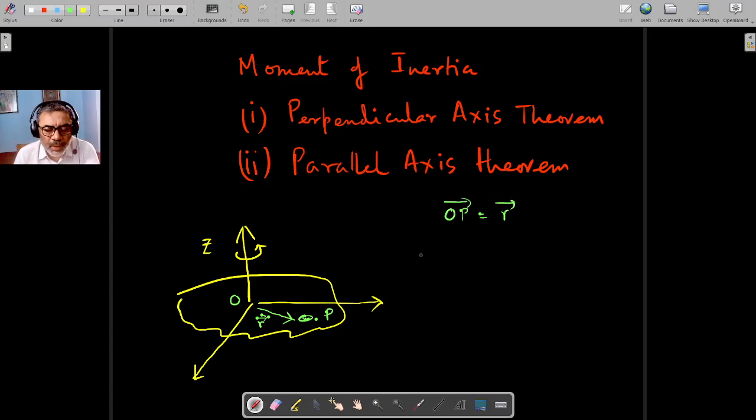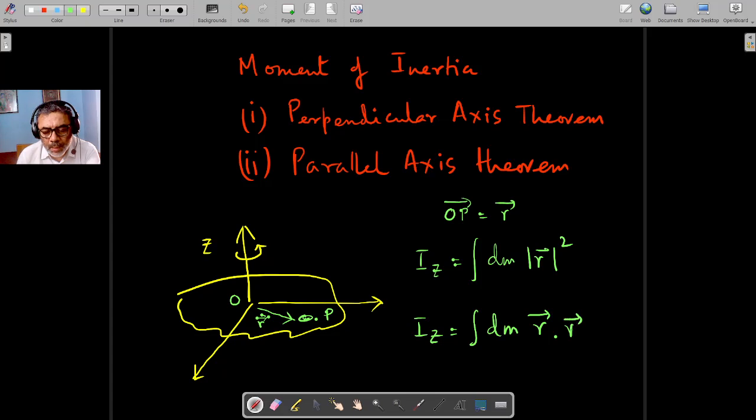Now the moment of inertia I about the z-axis is equal to the integral of dm |r|², or we can write Iz equal to integral dm r dot r.